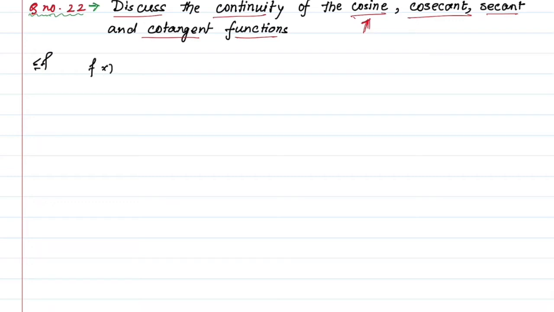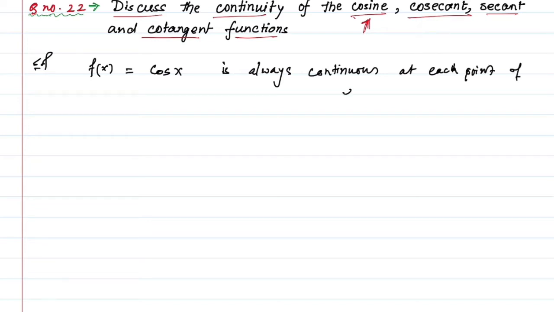Suppose this function is the cosine function f(x); cos x is always continuous at each point of its domain.